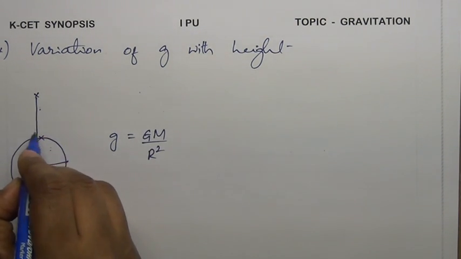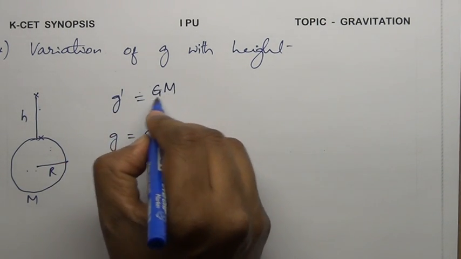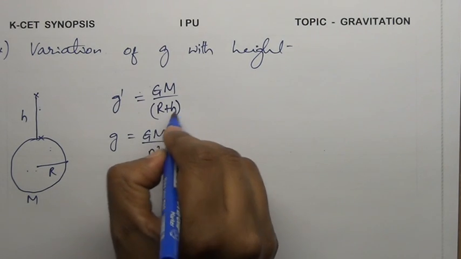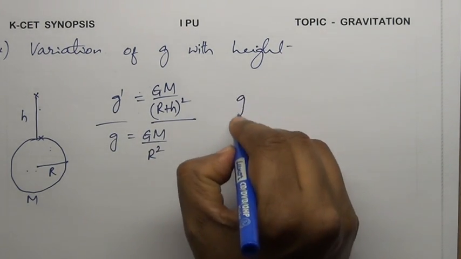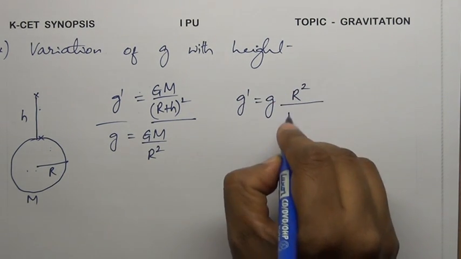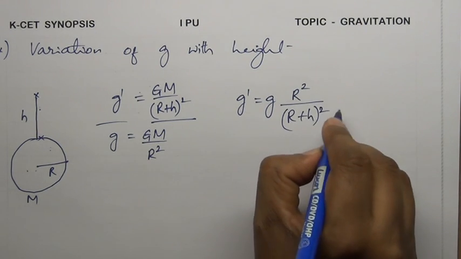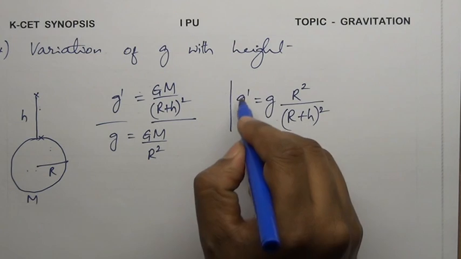Acceleration due to gravity at some height h, g prime equals G M by (R plus h) whole square. When we divide one by the other, we get g prime equals g into R square by (R plus h) whole square. So with the increase in h, acceleration due to gravity decreases.